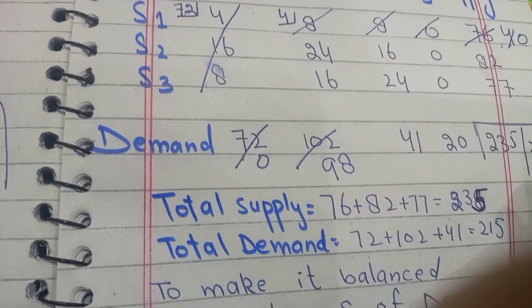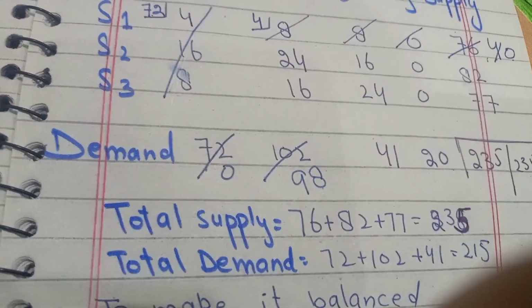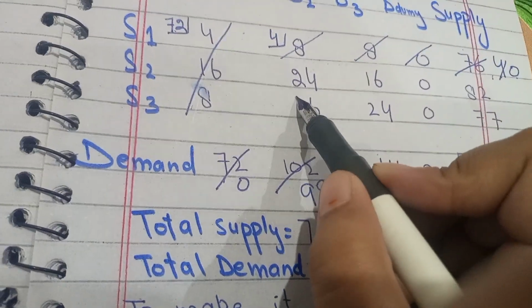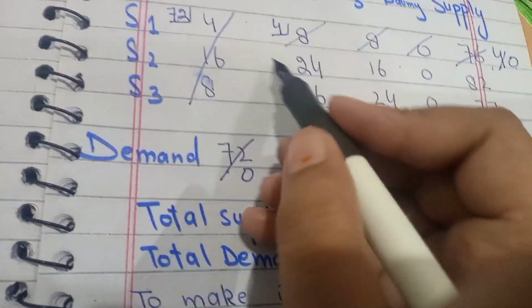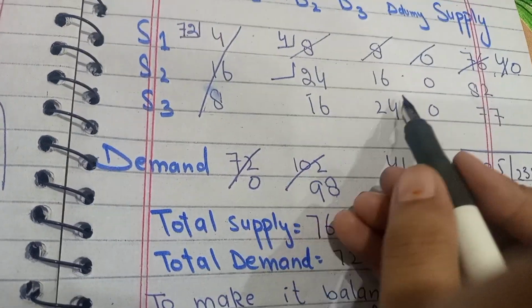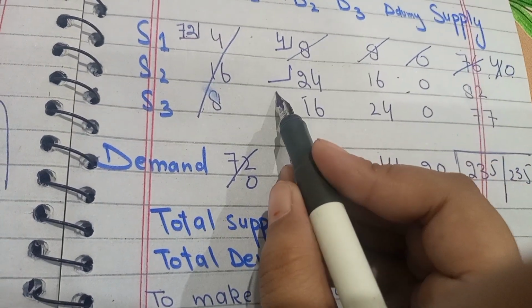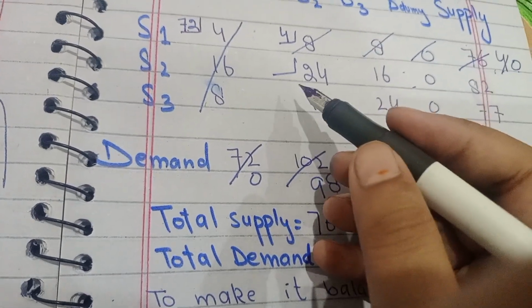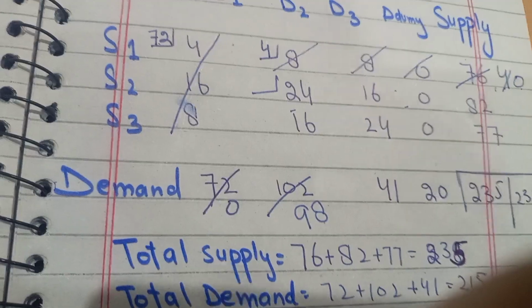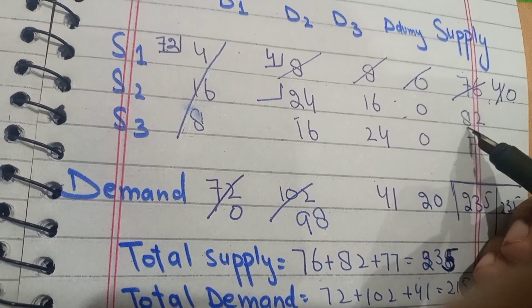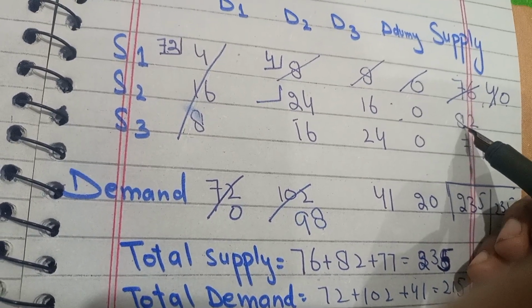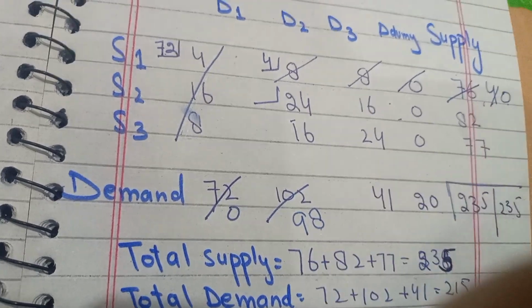Moving to the next step, we choose the next cell to allocate. 24 is the respective cell because it is most west and most north. With respect to 24, 82 is the respective number because 82 is least and 98 is more.